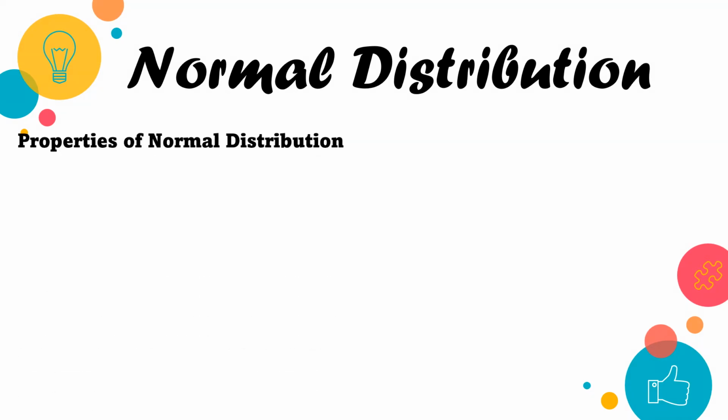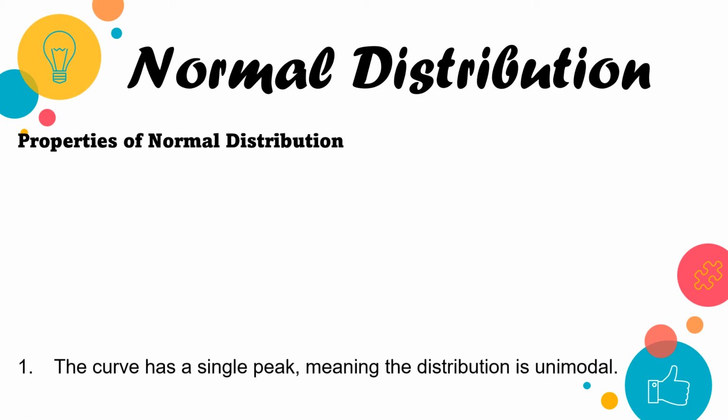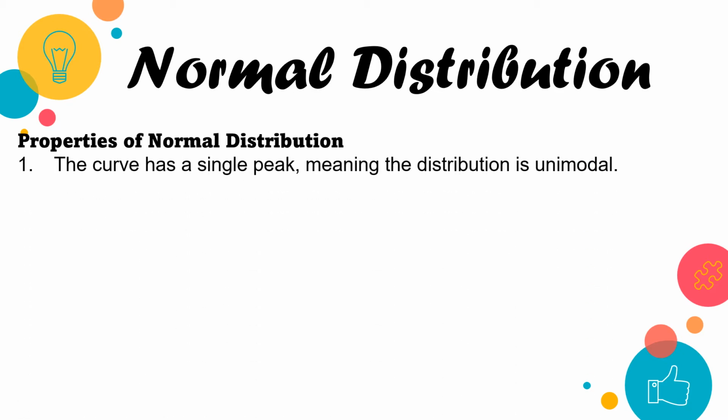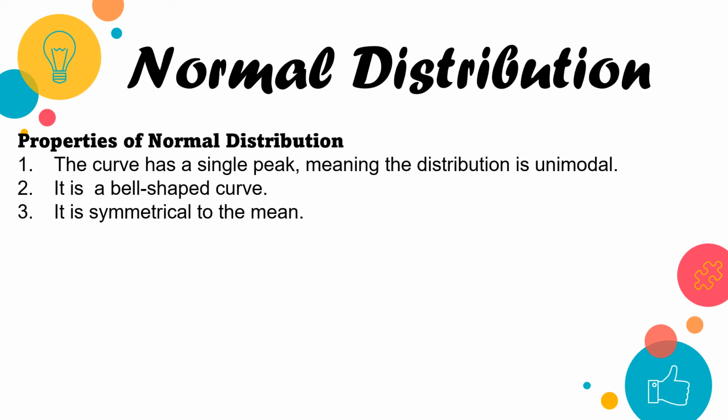Let's look at the properties of the normal distribution. The curve has a single peak, meaning the distribution is unimodal. It is a bell-shaped curve, as we saw earlier in our figure. It is symmetrical to the mean.